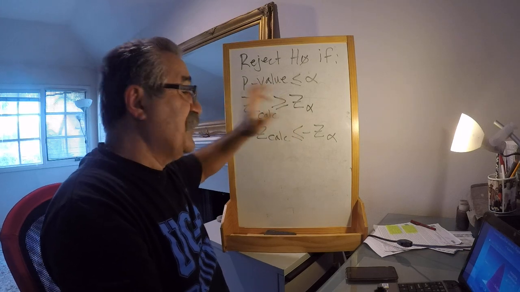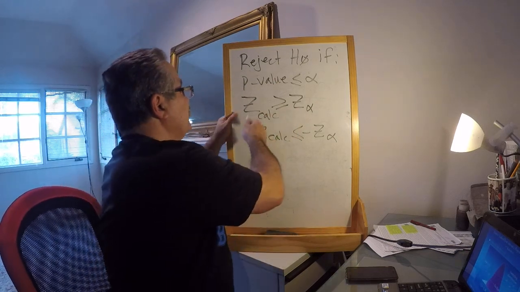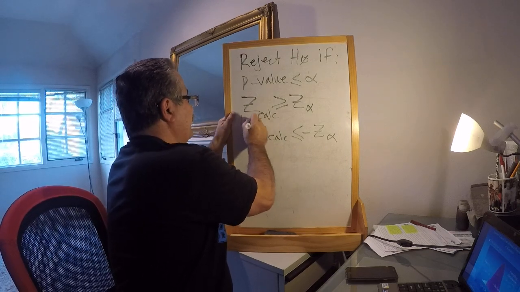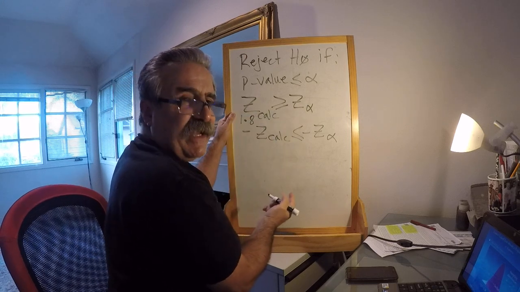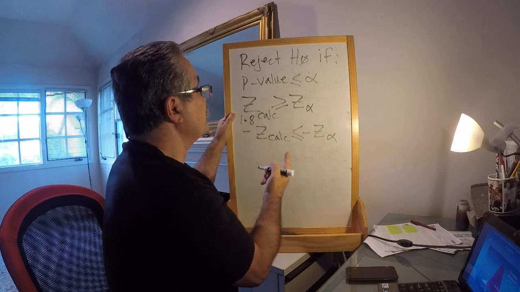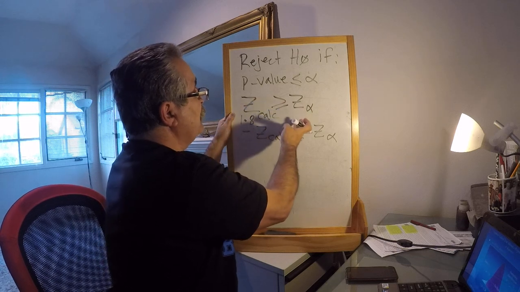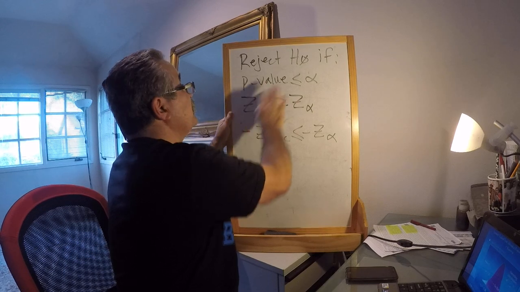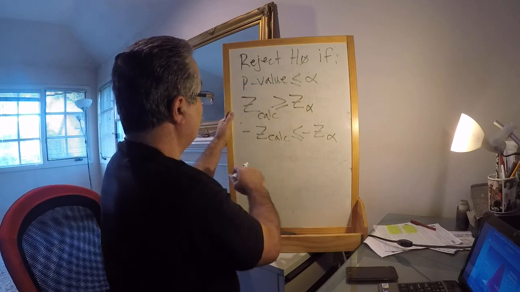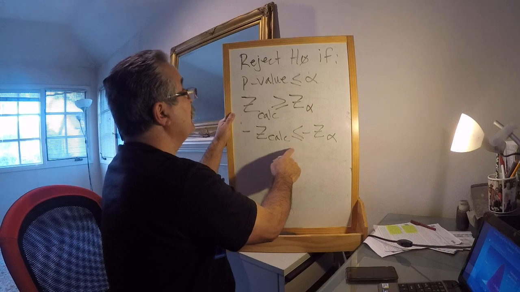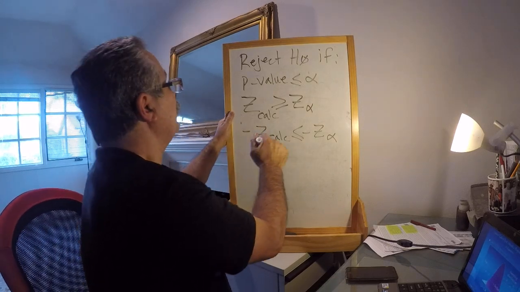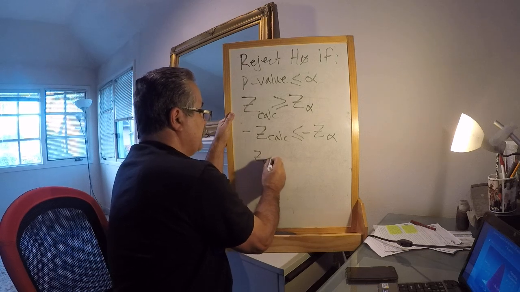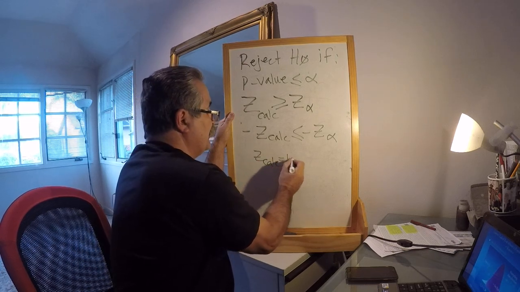For example, let's say we find the z to be 1.8, or let's say the z that we calculate is equal to 1.9.